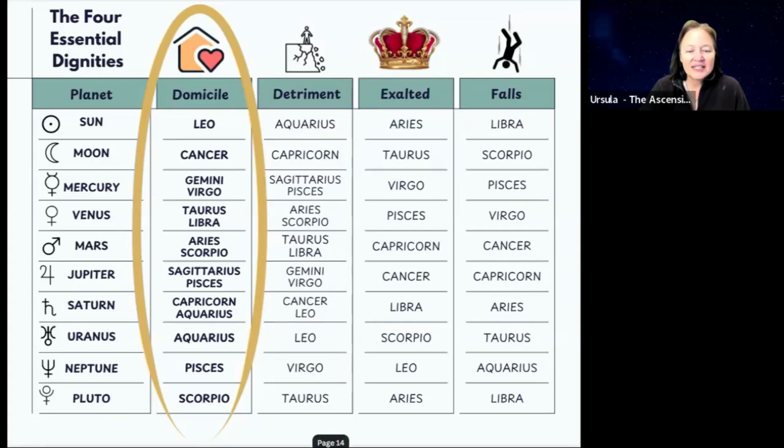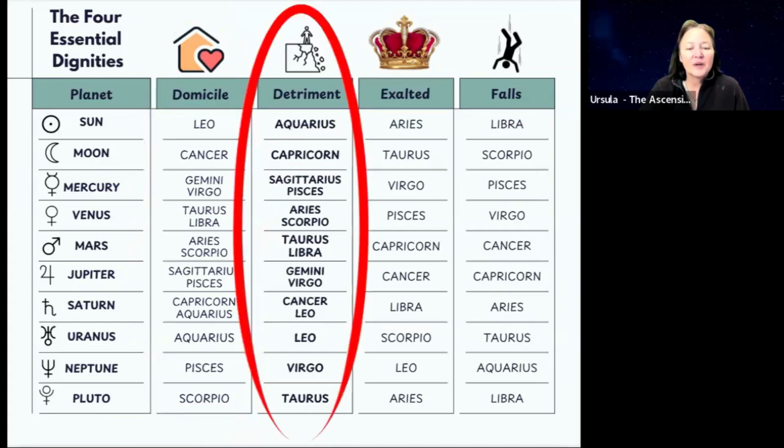I'll show you this next slide where I put a red oval around all those aspects of what's in detriment. So the sun in Aquarius, the moon in Capricorn. The light of the moon doesn't do so well.